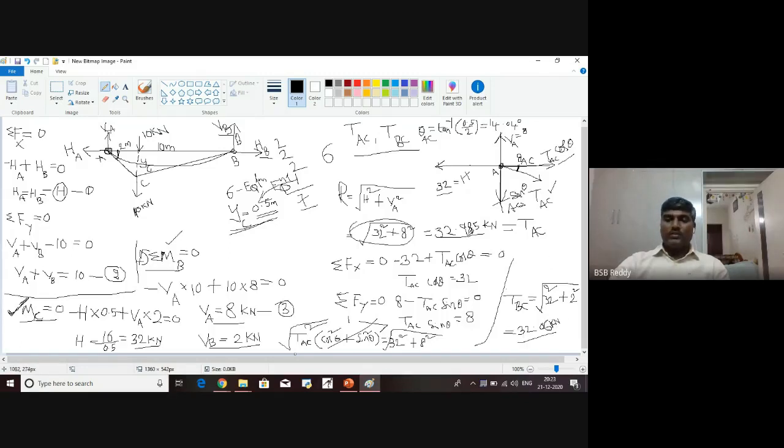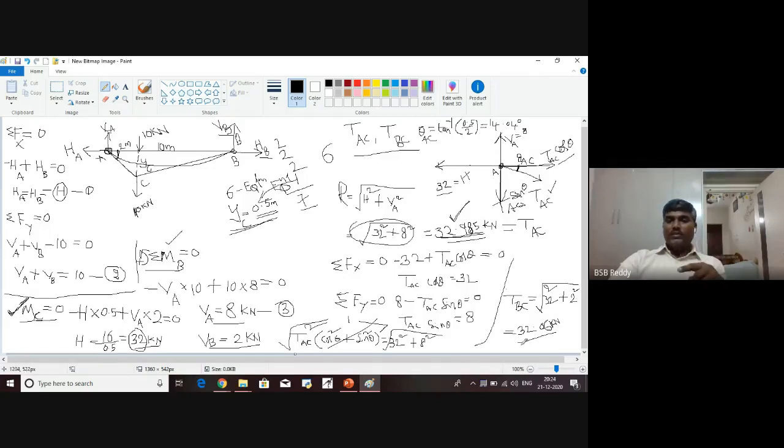Okay. So this is how you are going to solve this problem completely. Now you see vertical forces are 8 and 2. 8 towards the nearer support, heavy load, heavy reaction towards the nearer support. H value is too high, 32. And TAC, the joint which is nearer to the load, has a very high tensile force in the cable.